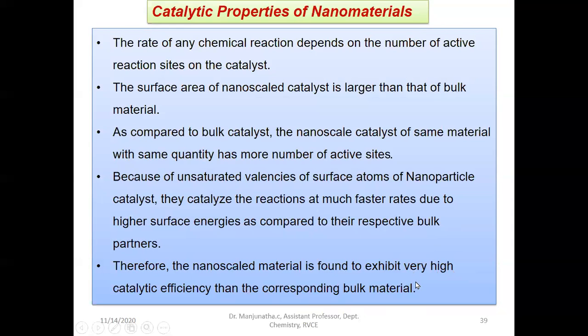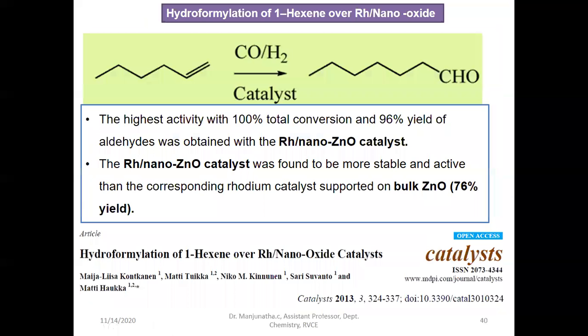Let us understand with some examples that have been published in some journals. This is one of the examples I've chosen from the journal Catalysts, published in 2013 by this group. This is the hydroformylation reaction of 1-hexene using nano metal oxide, nano ZnO, on a rhodium catalyst.